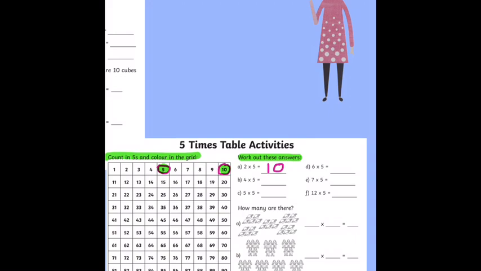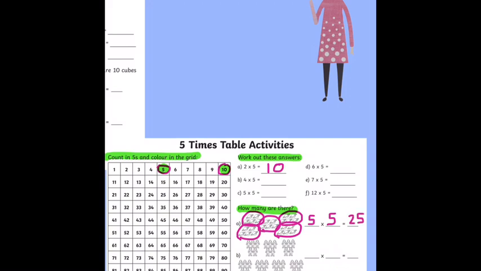Last, you have some pictures, and these have different groups of 5. So I can see for question A, I've got 1 group of 5, 2 groups of 5, 3 groups of 5, 4 groups of 5, 5 groups of 5, 5 lots of 5. 5 times 5. 5, 10, 15, 20, 25.